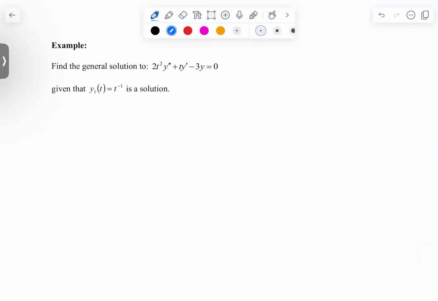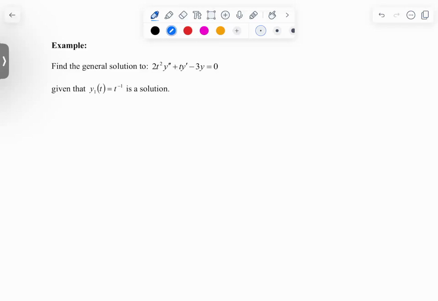Important part, and I think maybe there's one in the homework that doesn't start with the solution. But in all these cases, we start with the solution. You basically have to start with the solution of the equation in order to find the second solution.